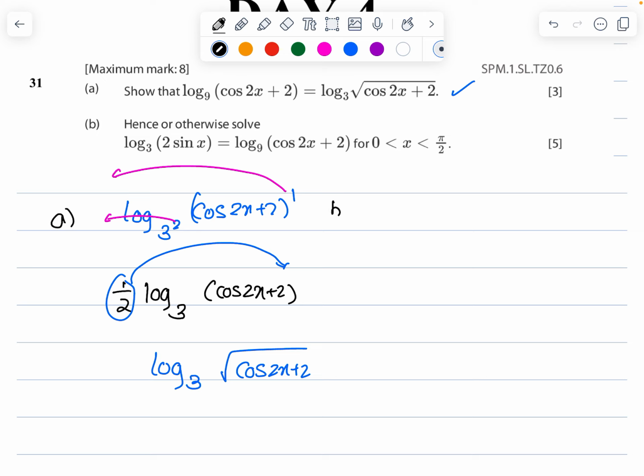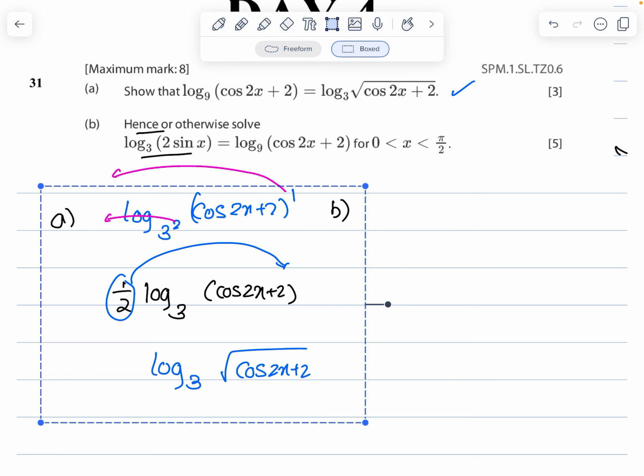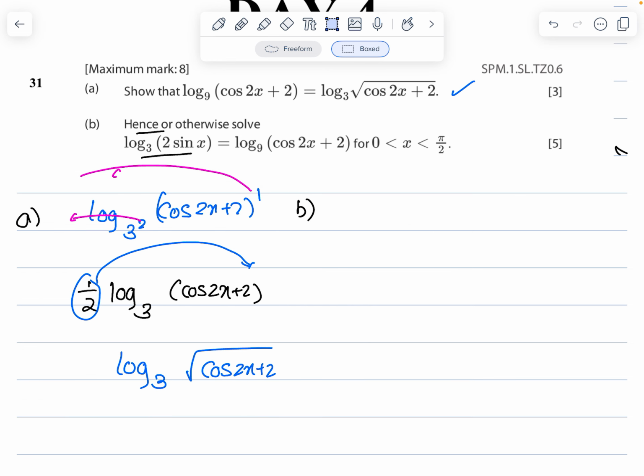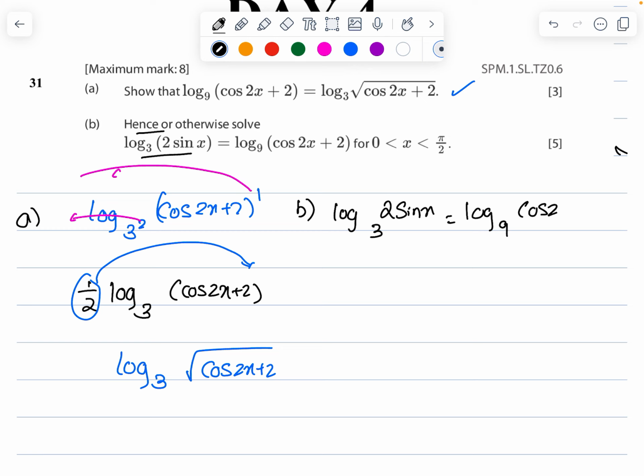Coming to part B, hence or otherwise solve this one. So we are going to move this part A to a side next. So log 2 sin x to the base 3 equals log base 9 cos 2x plus 2.